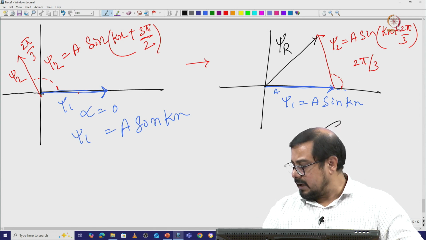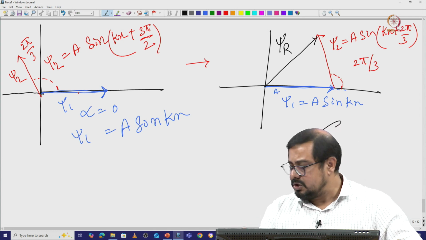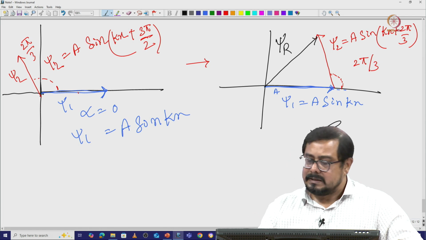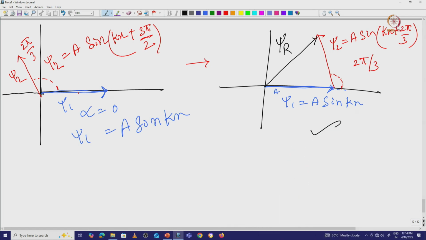In this particular case, one important thing we should remember is that the size of the resultant vector and the blue wave are almost the same in amplitude. There are two waves being added, but just because of this particular angle, after this addition there is not much gain or loss of amplitude.